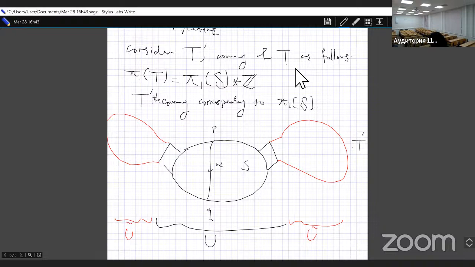Okay, what's the map from T prime to T? It's just the projection of the universal cover, and here again is the identity, and the middle part, because it's part of U. Is that clear?